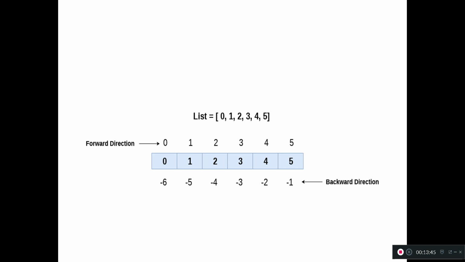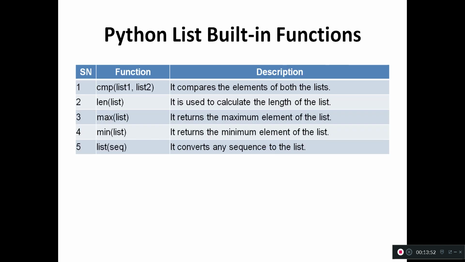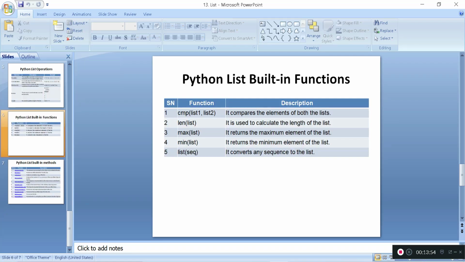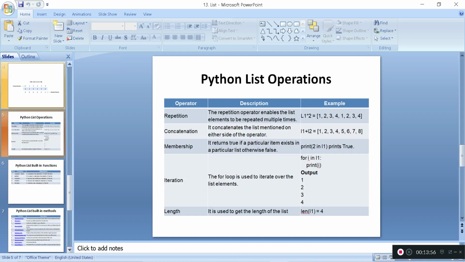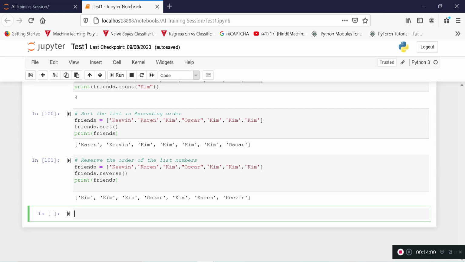Updating list values. Let's check this out in the code. Lists are the most versatile data structures in Python, since they are mutable and their values can be updated by using the slice and assignment operator.